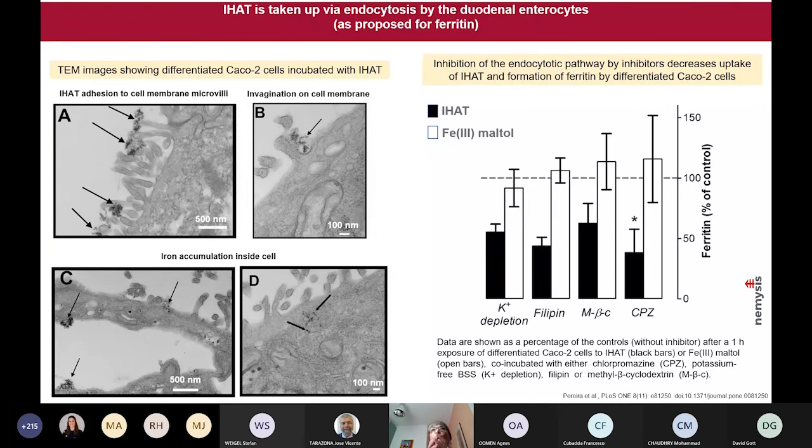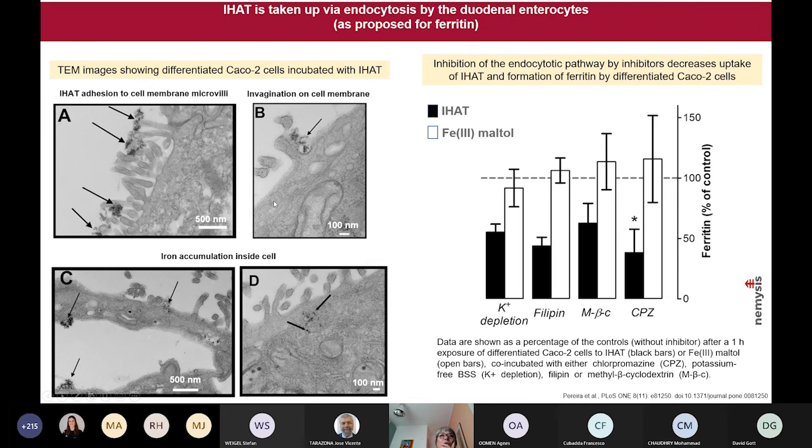What we have done is to characterize the mechanism of absorption of the compound, which is taken up via endocytosis by the duodenal enterocyte, as shown in the literature for dietary ferritin. And here you can see the electron micrographs of the intake of IHAT.